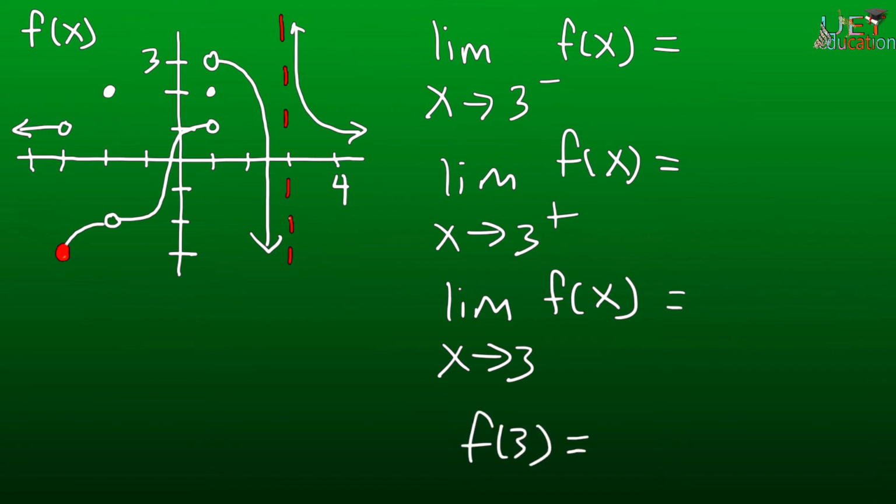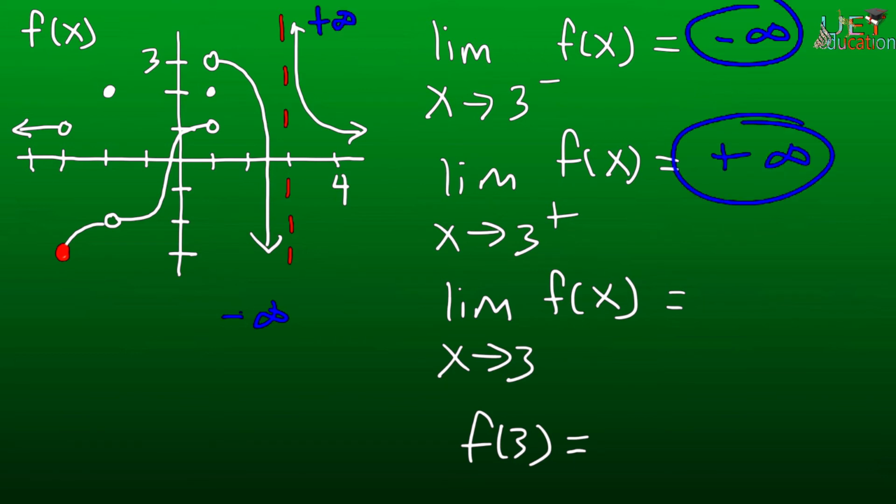So notice that at x equals 3 we have this vertical asymptote. As x approaches 3 from the left side, notice that it goes down to negative infinity. And as we approach 3 from the right side, it goes all the way up to positive infinity. Now these two do not match, so the limit does not exist. And the function value at 3 is going to be undefined.